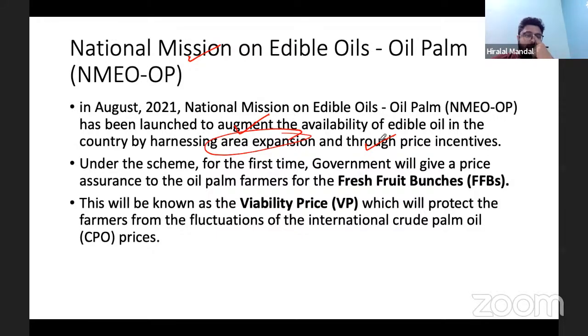But what has happened is, because of the India ASEAN Free Trade Agreement, oil palm production has in fact gone down. It has not increased as per expectation, largely because palm oil production is done by ASEAN countries such as Malaysia, Indonesia, and so on.